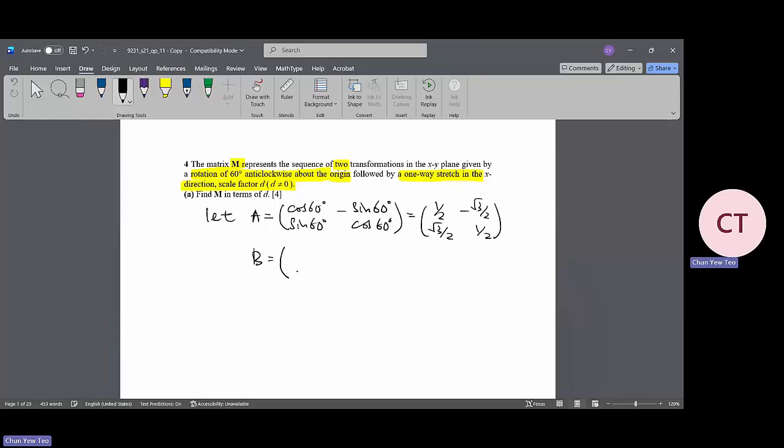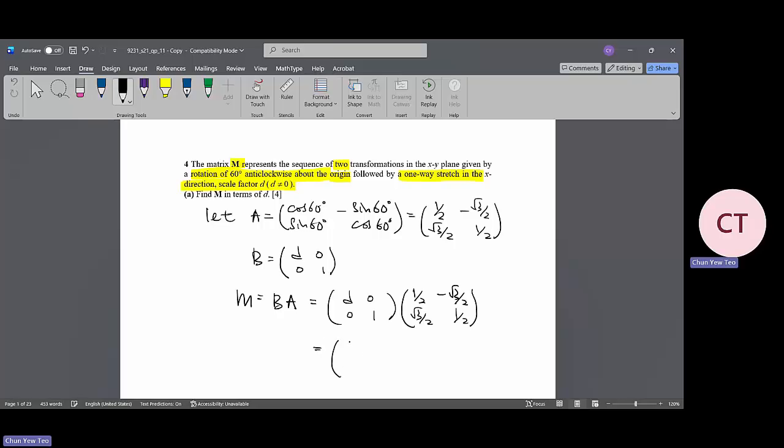And the matrix B represents the one-way stretch in the x direction. That will be d, 0, 0, 1. So your M is actually BA. Then just multiply them. It's a very straightforward product of two matrices.